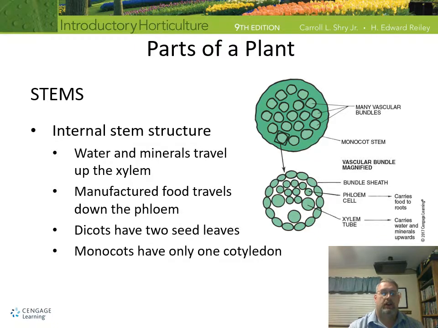When you start getting into dicots or dicotyledons, then you have a more uniform structure, and the phloem and the xylem are not bundles and they're not random. They're actually more of a vein system similar to what we have in our bodies.